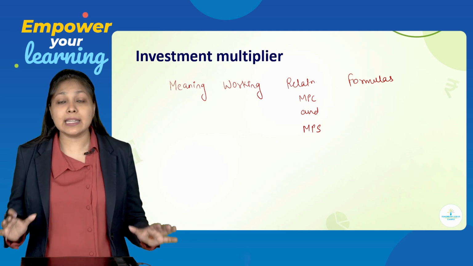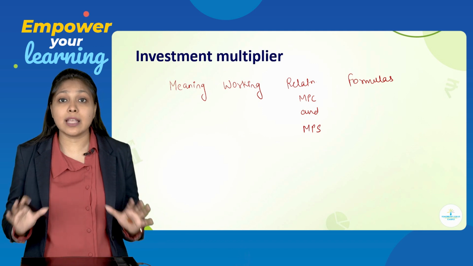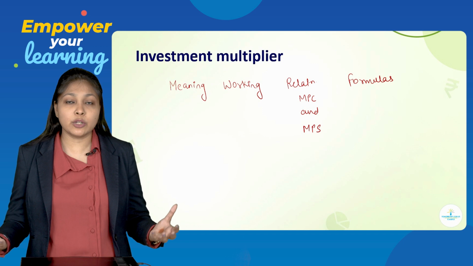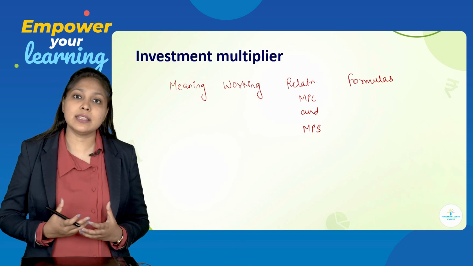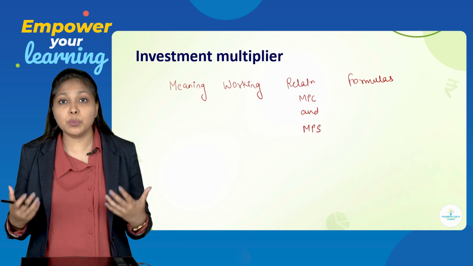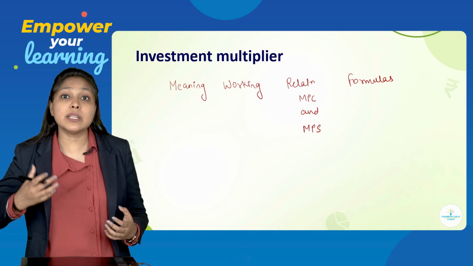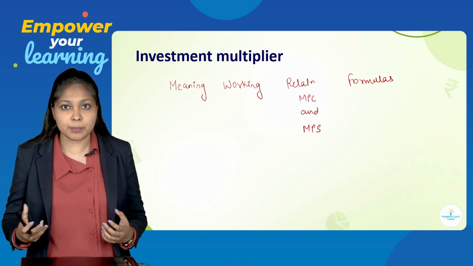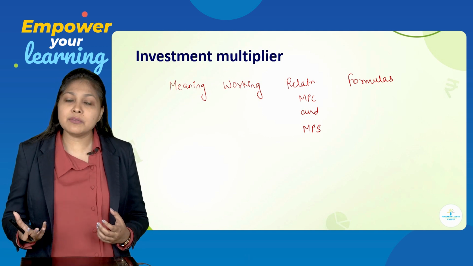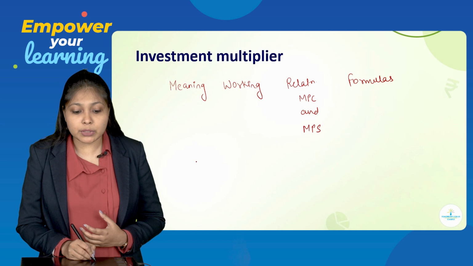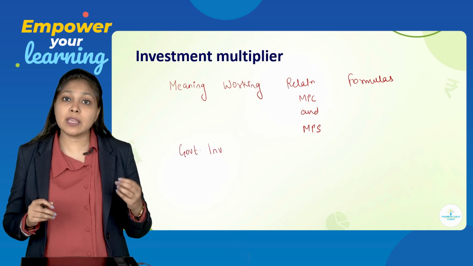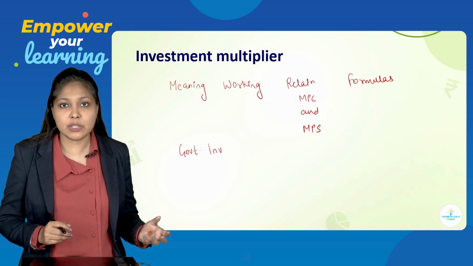As I said, the investment multiplier is the increase in the income of the economy with an increase in investment. In very simple, layman language, when income is generated more in the economy, how will it be generated? With more investments. Now, if I talk about government investments, of course, we are talking at the macro level, so we are not talking about the investments of individual people.